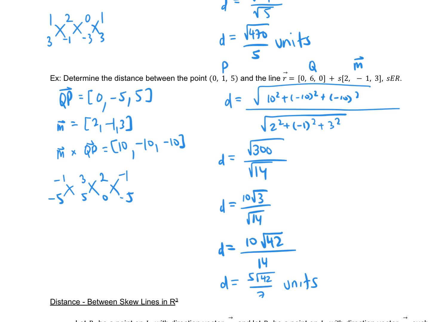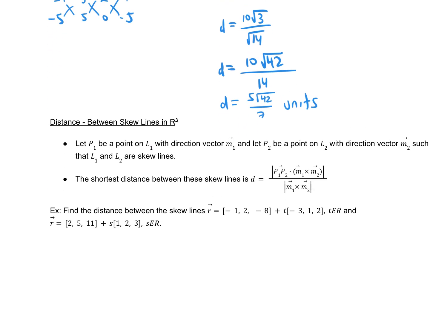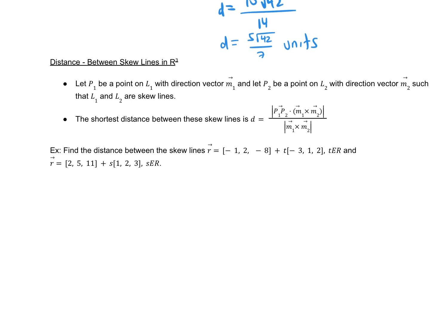If they were parallel and distinct, you can just figure out a point on that line and repeat the process that we just did. If they are coincident lines, well, the shortest distance is 0 because they're right on top of each other. But if they're not parallel, but they don't intersect either, we have skewed lines.